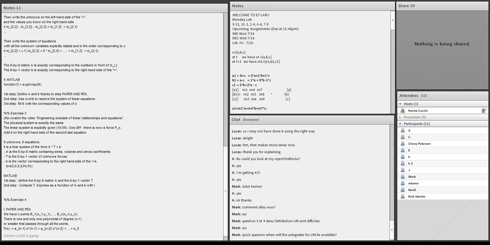So we can express this polynomial as stated in the homework. p of x is defined as a_(n-1) multiplied by x raised to the power n-1, plus a_(n-2) times x raised to the power n-2, etc., until a_0 multiplied by x to the power n-n, and x to the power n-n is equal to x to the power 0, and this is 1.